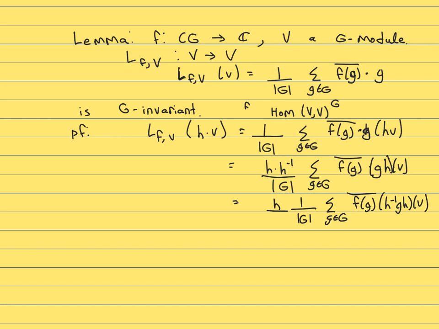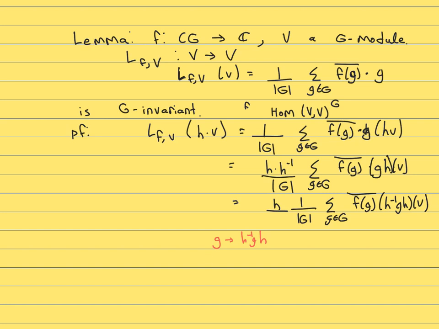So it looks like we're replacing g with its conjugate again. But that substitution might seem weird here, except we remember that we're constant on conjugacy classes because we're dealing with a class function.